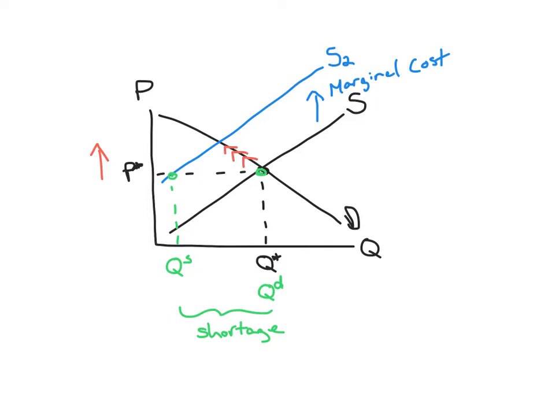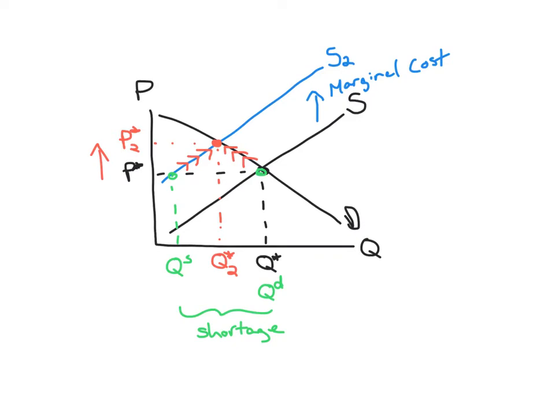At the same time, though, some producers will be able to make more sweatshirts profitably because despite the higher cost of making them, the price is now higher that they can be sold at. So the price will stop rising once it's achieved P star 2, where quantity demanded and quantity supplied are back in balance, back in equilibrium at Q star 2.